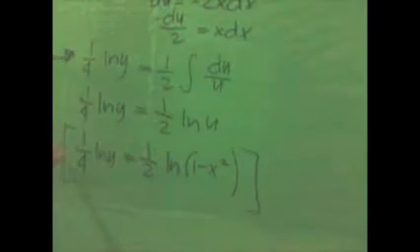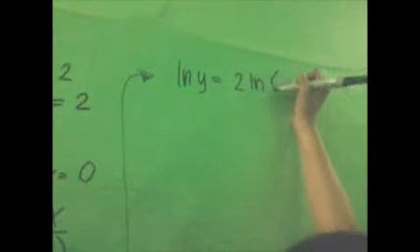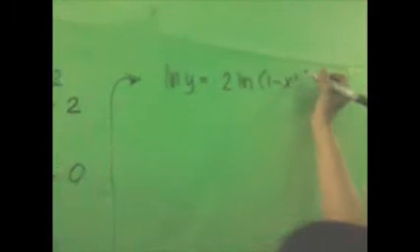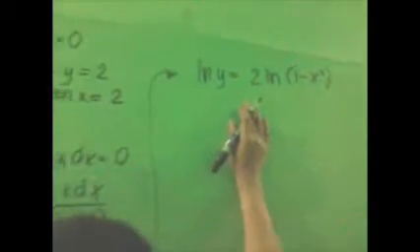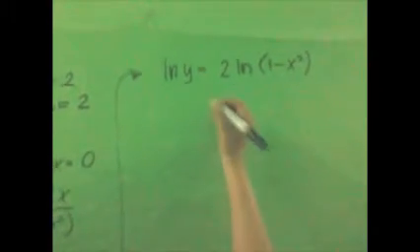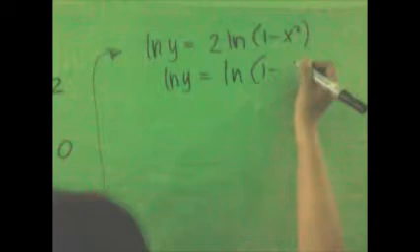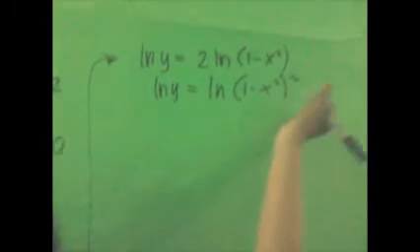To proceed, we will multiply both sides by 4. And we are left with ln y is equal to 2 ln (1 - x^2). Applying the logarithmic property, we have ln y is equal to ln of (1 - x^2) squared.